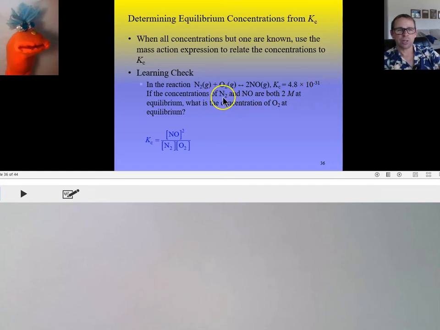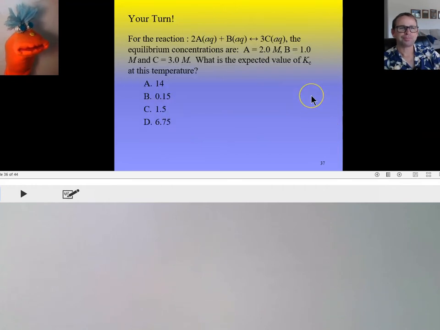And if we're told that the concentrations of N2 and NO are both 2 molar at equilibrium, we can find out what the concentration of oxygen gas is at this equilibrium as well. And this is simply done by taking the 4.8 times 10 to the minus 31, putting in our values that we know here, and then solving for that oxygen value. Got it? Yeah, okay, got it.